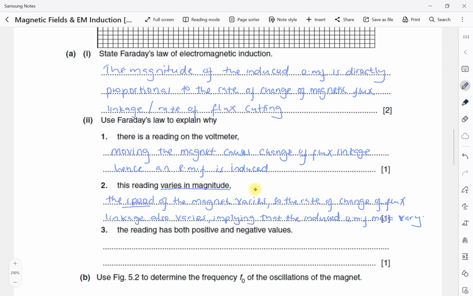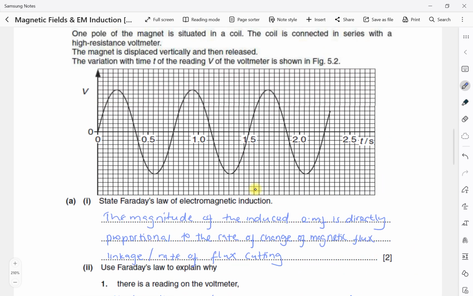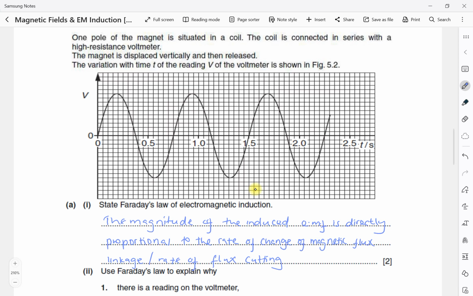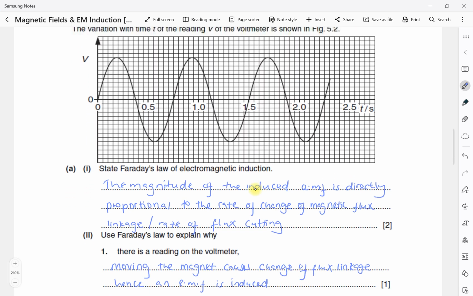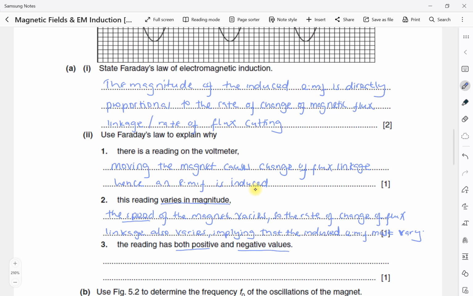Then use Faraday's law to explain why the reading has both positive and negative values. Looking at the graph, V has both positive and negative values, so that relates to direction. When the magnet is going down, cutting occurs in one direction, and when it's going up, cutting occurs in the opposite direction. Because cutting of the field lines changes direction, the induced EMF must change sign.